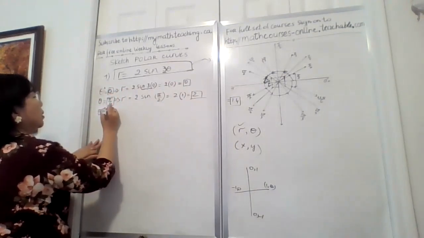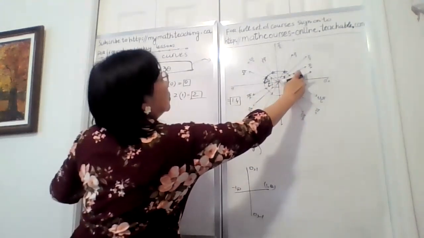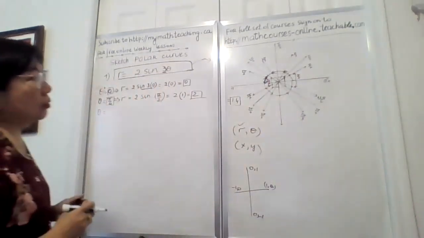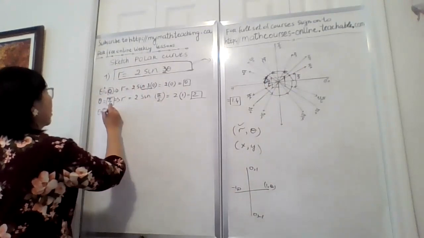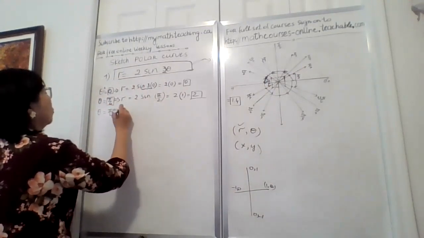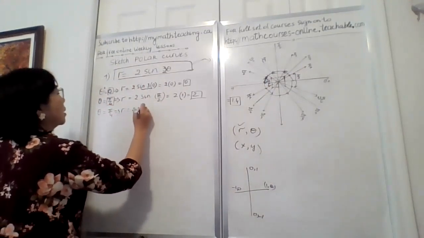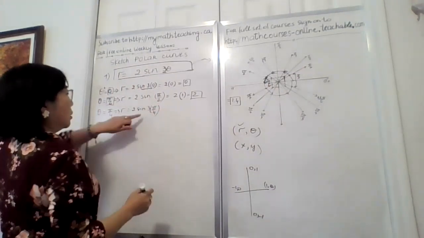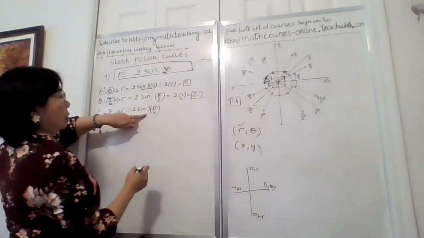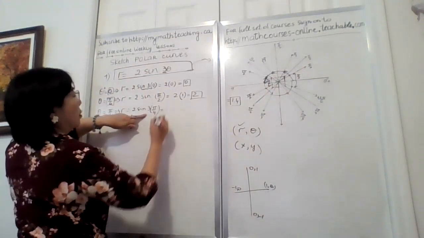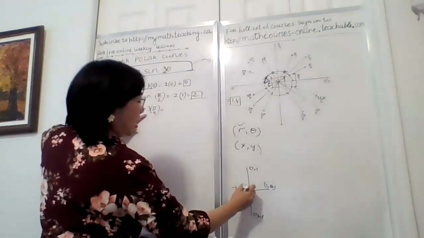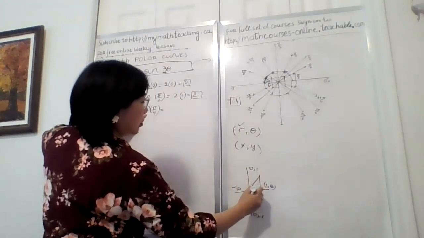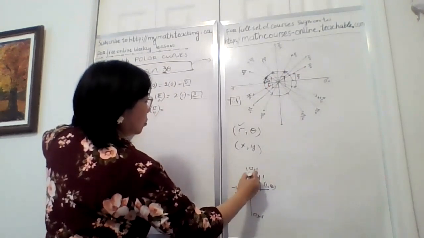Now let's go to pi over 4. Then r will be equal to 2 times sine of 3 times pi over 4. Now sine of 3 pi over 4 is the angle going this way, and it gives the same value as pi over 4, which is 1 over square root 2.